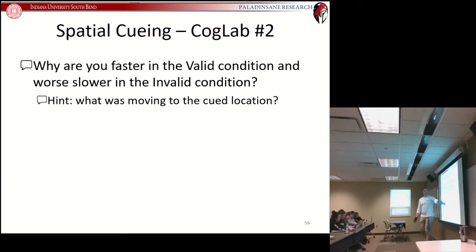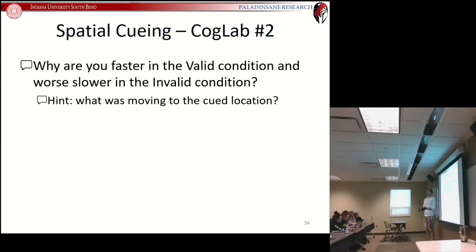So in those valid and invalid conditions, your covert attention was being moved to wherever the arrow indicated. So again, you were staring at the fixation point or at the arrow, but your attention was moving to the side. So it's like you were using your peripherals. It's like when you're at a social event, and your friend is like, oh, look who just walked in.